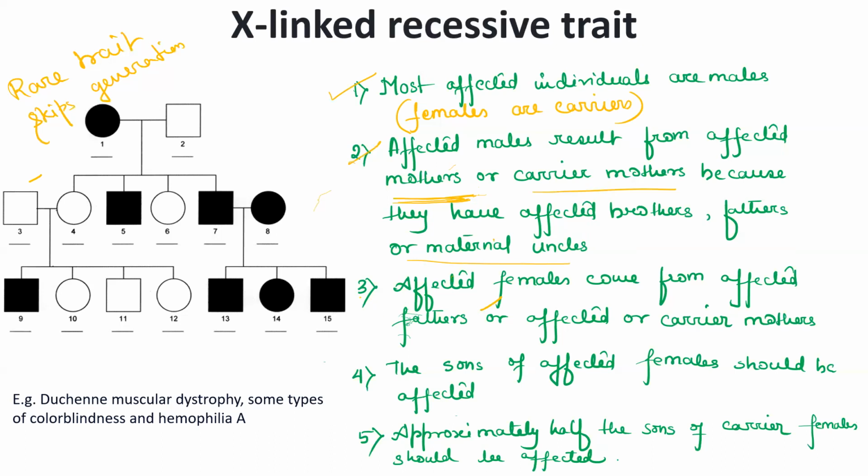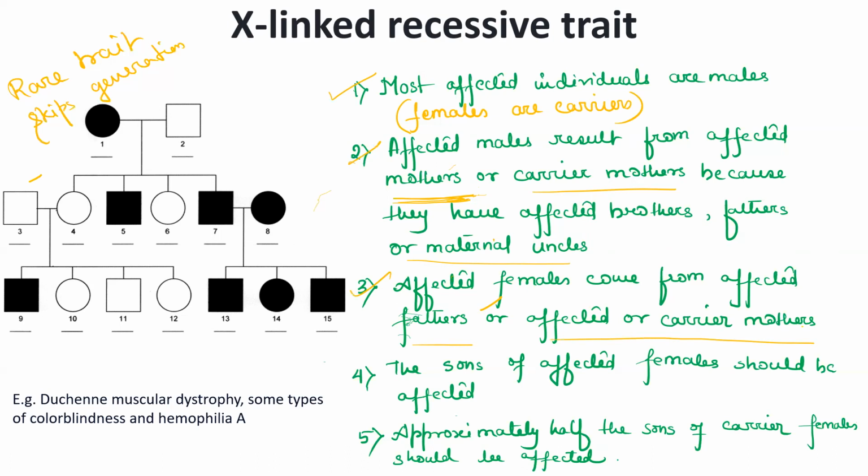Fine. Now, affected females come from affected fathers or affected or carrier mothers. Females have the option of getting X from the mother as well as the father. So the daughter can inherit this trait or this disease or this problem from the mother or the father.